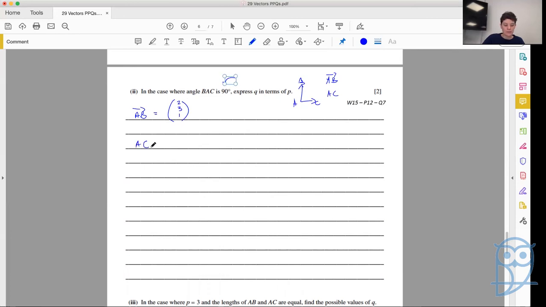AC is going to equal C minus A. So 3, P, Q minus 0, 2, minus 3. So this would give us 3, P minus 2, Q plus 3. When the angle is 90 degrees, the vectors are perpendicular. The dot product equals 0.